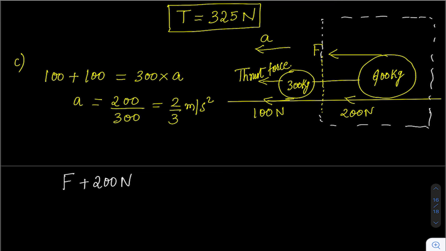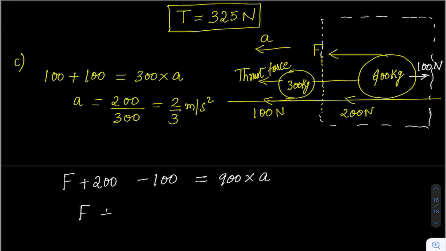Minus, now if the thrust force is acting on the trailer in this direction, obviously an equal and opposite reaction will be there. So this will also be 100 newtons acting in this direction. So minus 100 is equal to its mass, that is 900, into acceleration that we already found as 2/3.